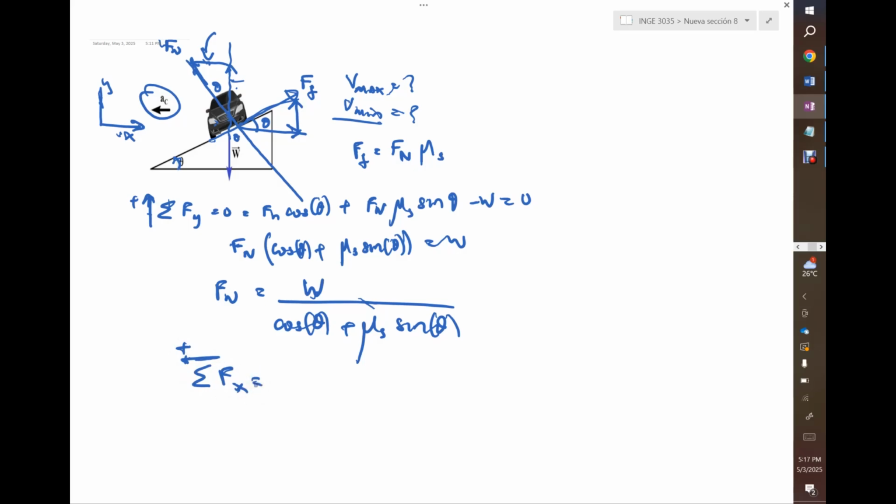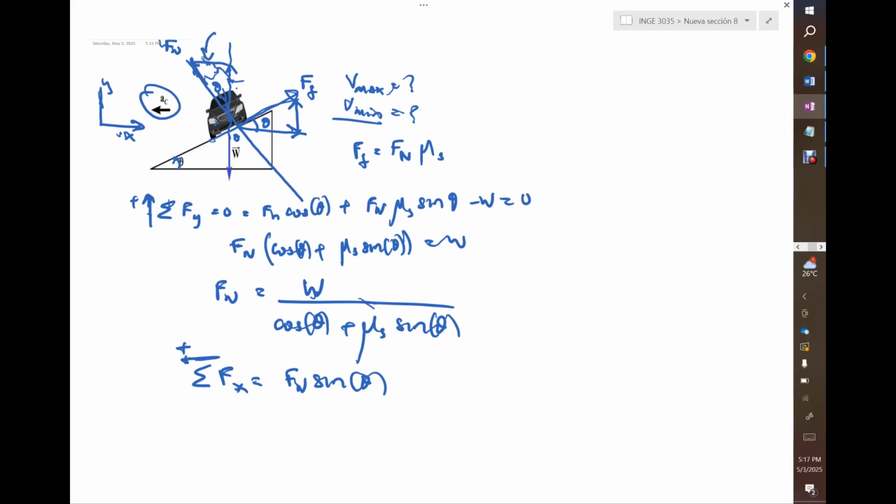equal what we have. So we have this force on the x, that would be Fn times the sine of theta, because it's this force here, which, this is theta, so I'm breaking this force within this one.